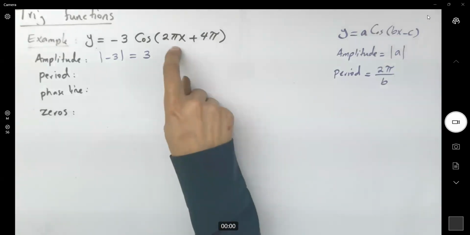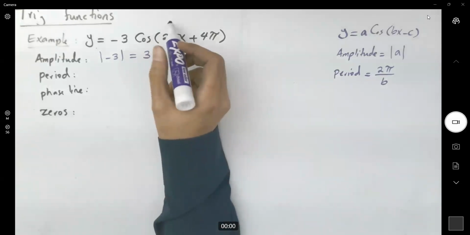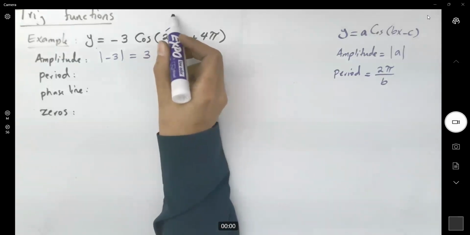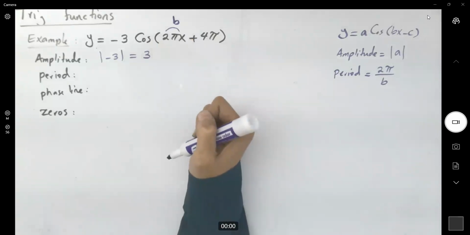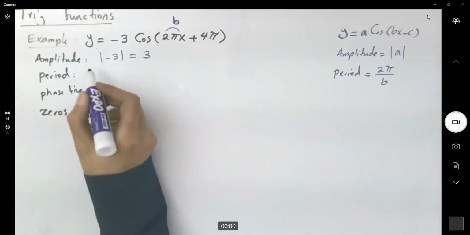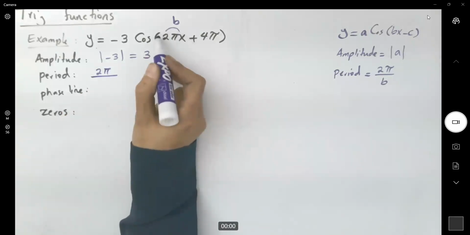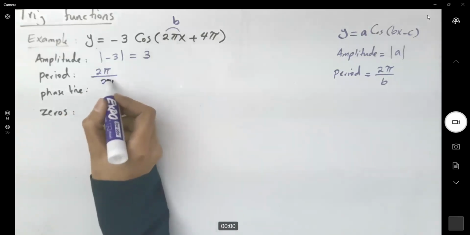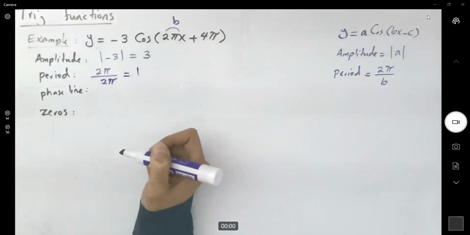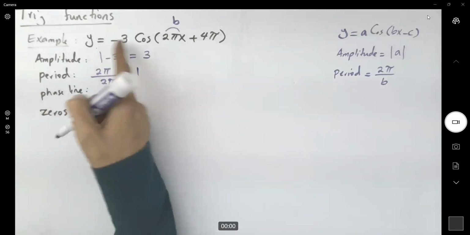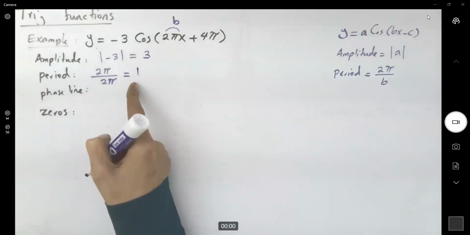Well, what is the coefficient of my x? The coefficient of my x is just 2 pi. Well, that is interesting. So my period becomes 2 pi divided by b. b is already 2 pi. So I get 2 pi divided by 2 pi, which is 1. So the period of this function is 1.